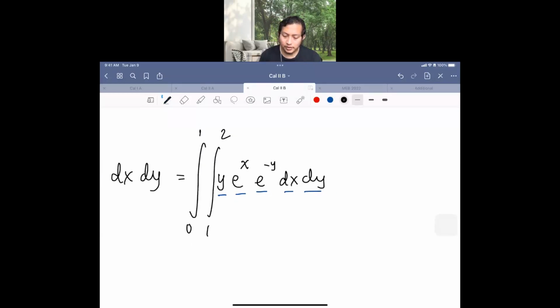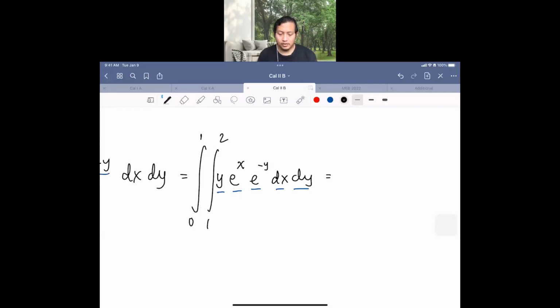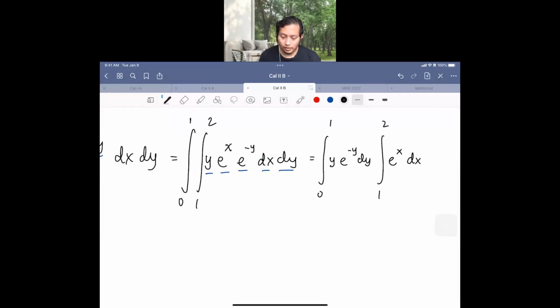First, we can group dy as y e to the negative y dy, and then the integral of 1 to 2 for e to the x dx. Okay, let me write the dx in the front because we already get the answer directly for this one. Okay, and then we need to multiply with the integral of y e to the negative y dy.